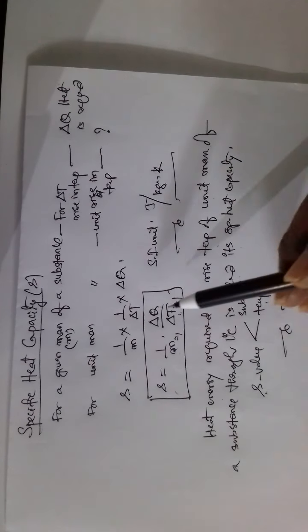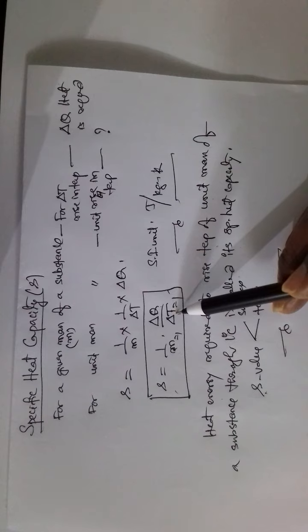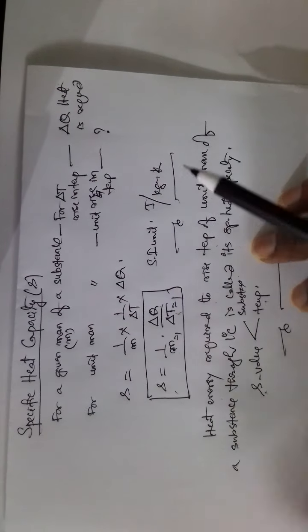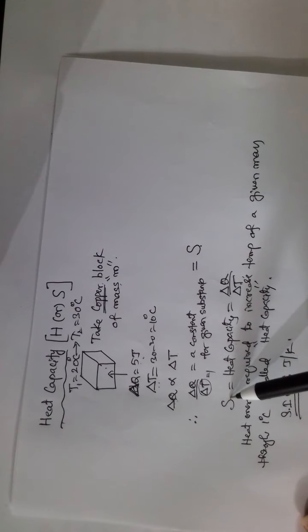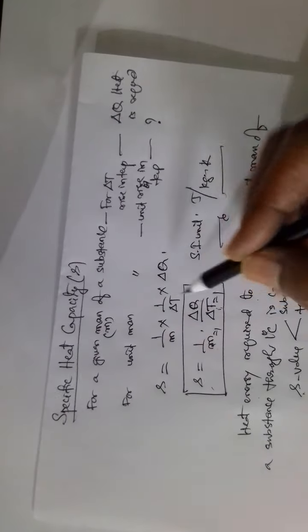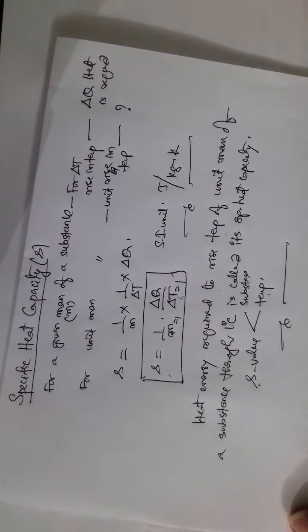But here you see delta Q by delta T was defined as heat capacity. See, delta Q by delta T is called heat capacity, and that was represented by capital S. Therefore, let me write once again here.